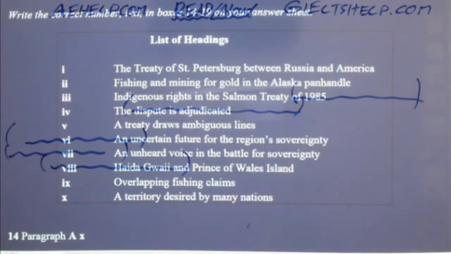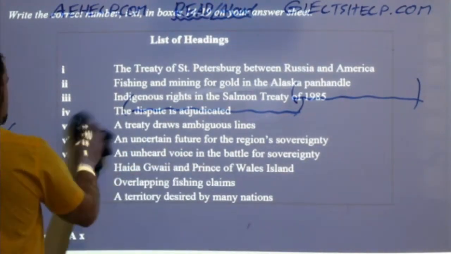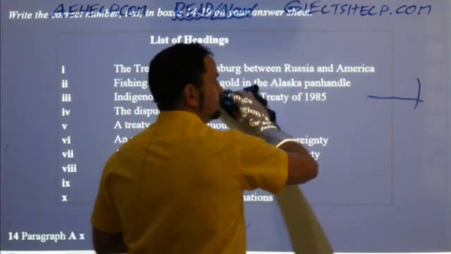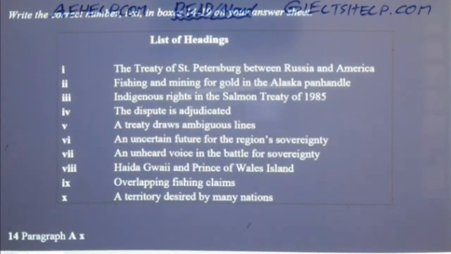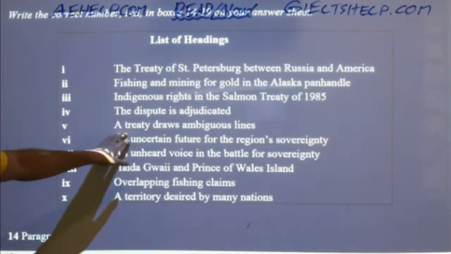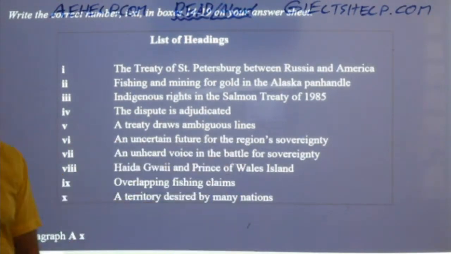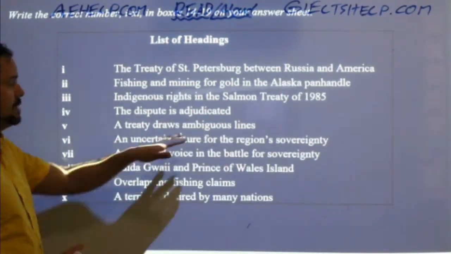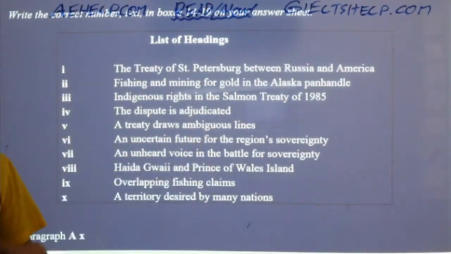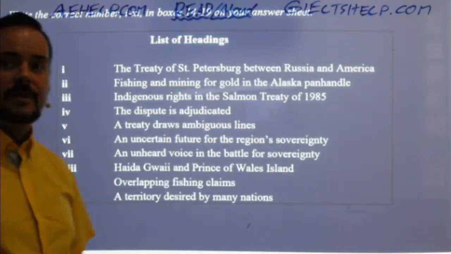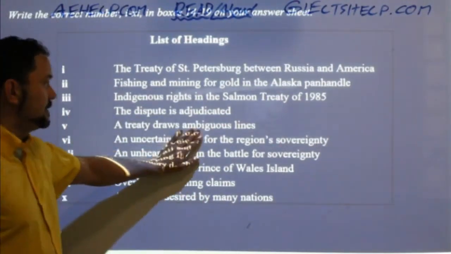Okay? So which of these is the closest match? All right. So tell me, which one matches the closest there? What would you say is the best one? Lydia says number 5, a treaty draws ambiguous lines. Right? We have the word ambiguous in there, which is unclear. Okay. So, yeah, it looks right. Number 5, ambiguous. I think that's the closest.